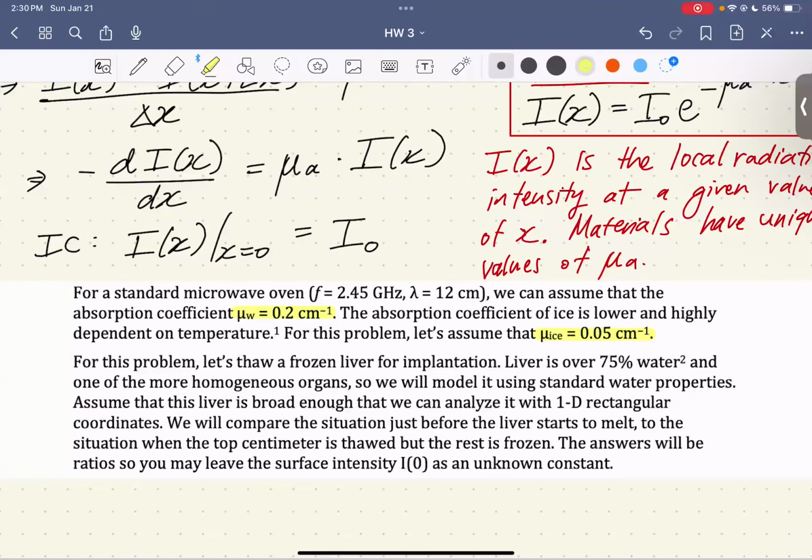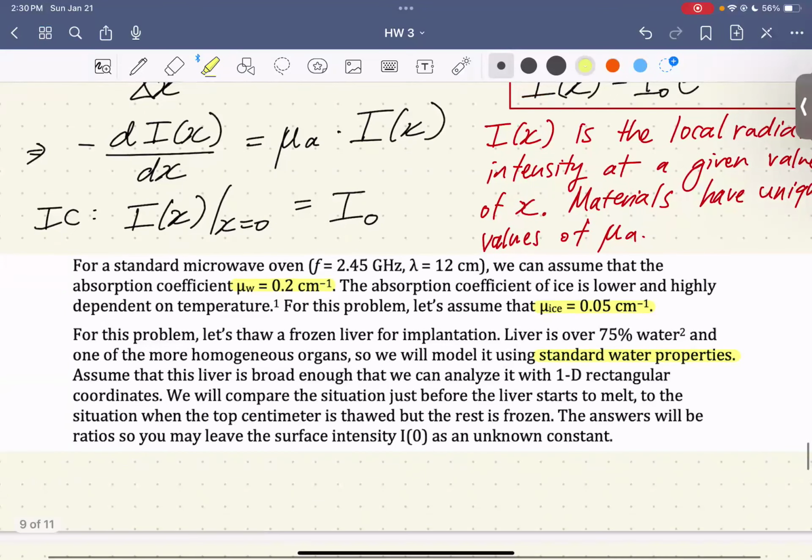So we have our values here. And for this problem, we are using a frozen liver for implantation. And liver is over 75% water. And so we will model it using standard water properties. That's another assumption. And we're also assuming that we can use 1D rectangular coordinates. Great.